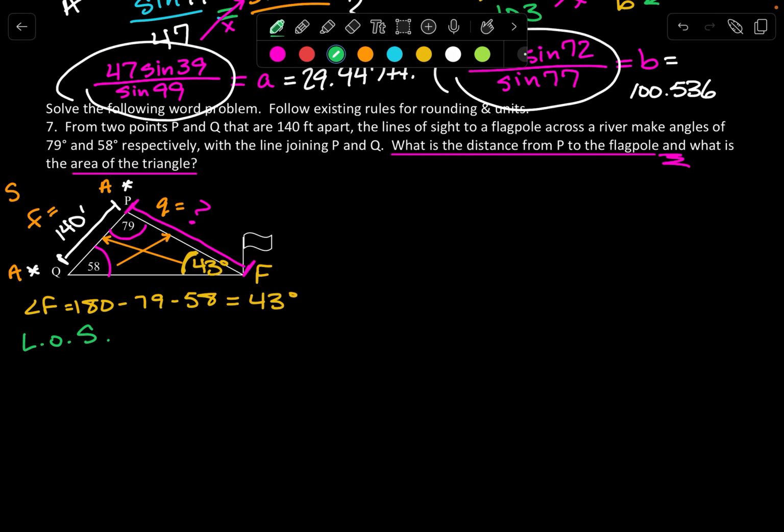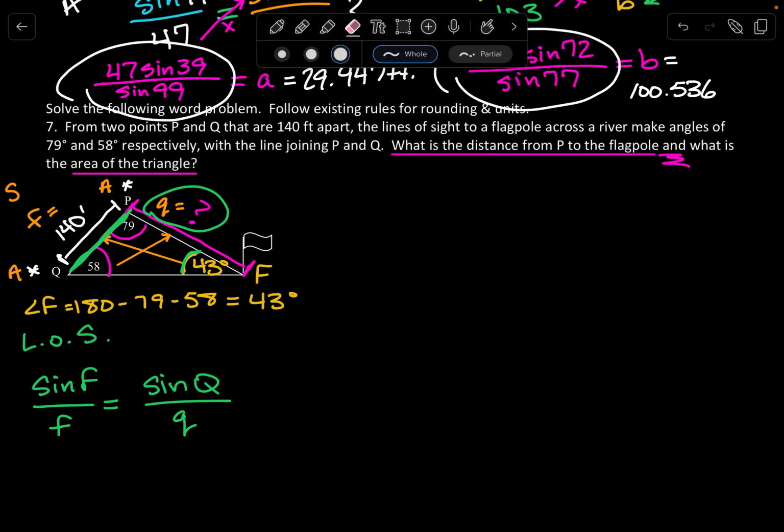So we can use the law of sines to find this missing side. We'd set up using the side angle combo that we know, which is F. We'd set up a proportion to find the one that we don't know, which is Q.